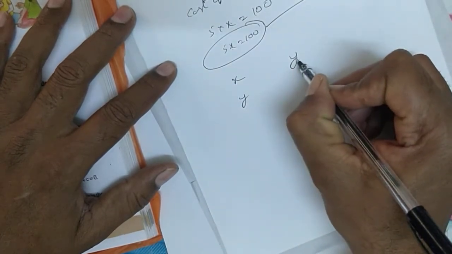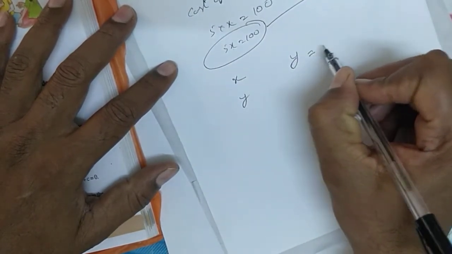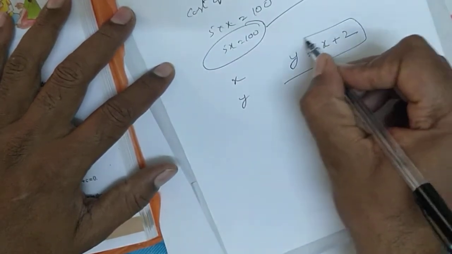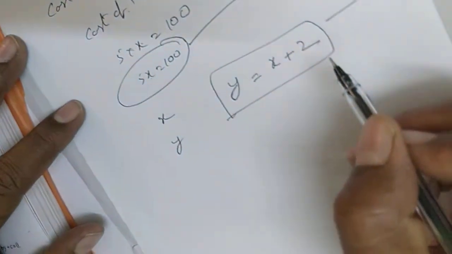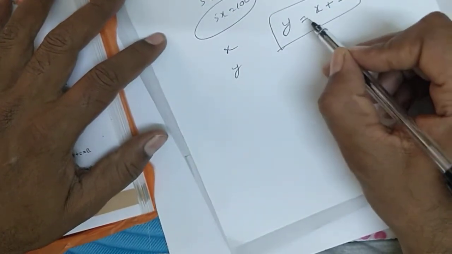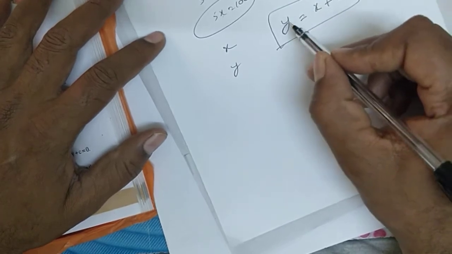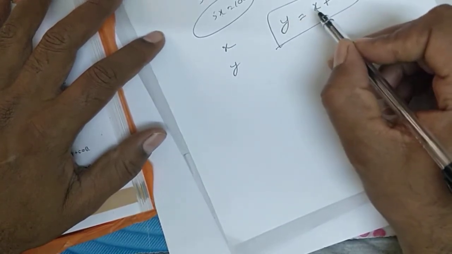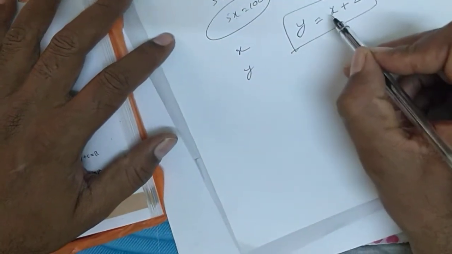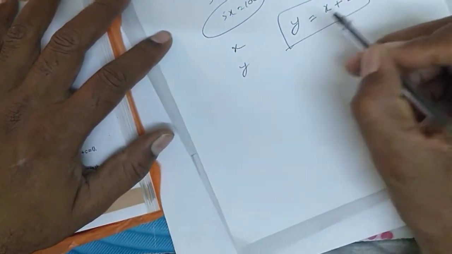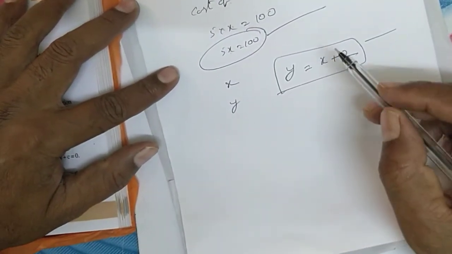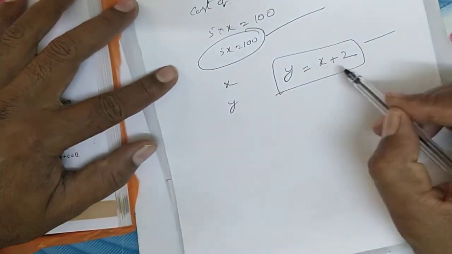If you want to get your brother's age, your age should be added by 2. What is y here? y is your brother's age. What is x here? Your age. So like this we can write linear equations by using x, y and something like that.